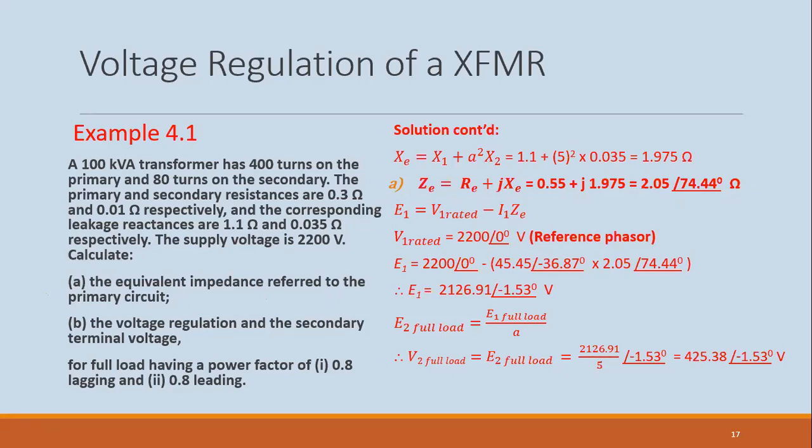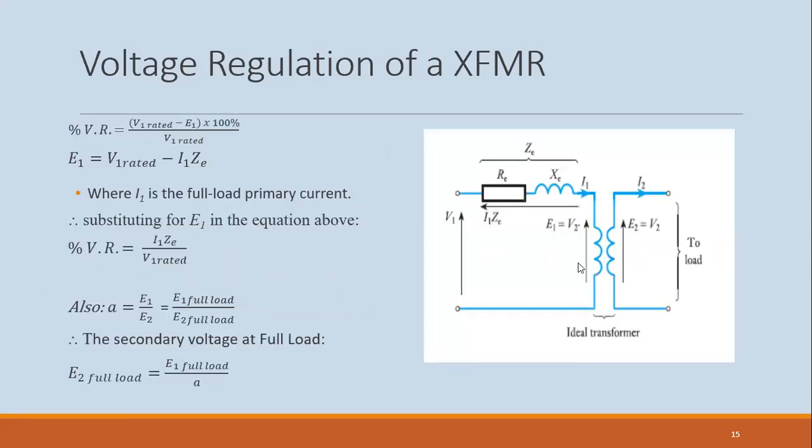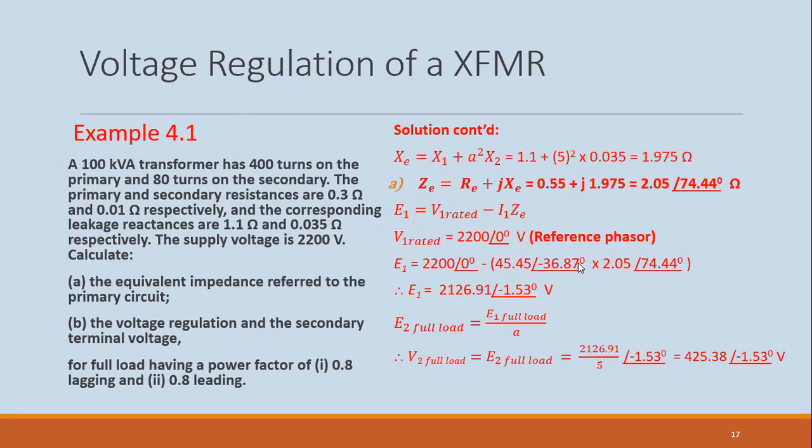Now we want to find what the voltage is. Sir, sorry, when do you divide by A again? By A squared? If you're referring from the primary to the secondary, so you're moving left to right instead of right to left. It's something that you can derive. If you have an issue memorizing or remembering it, you can derive it for yourself.